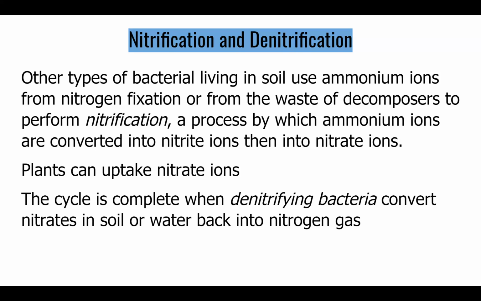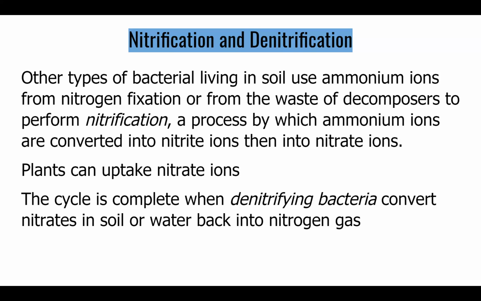So nitrifying bacteria take the ammonium from the nitrogen fixing bacteria. The other organisms around will perform the process of nitrification, where our ammonium ions are converted into nitrite ions and then into nitrate ions, and plants can take up the nitrate ions.